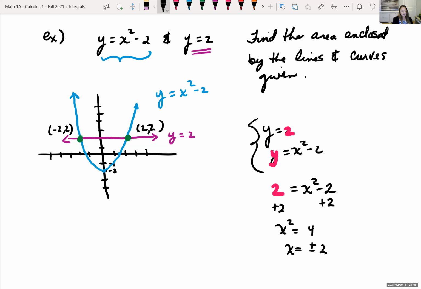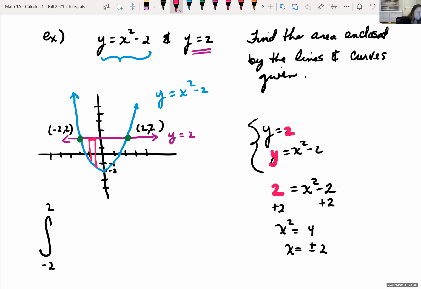I was just thinking, notice that this is an even function. So I'm going to look at this integral right now from negative 2 to 2. Notice that the parabola is symmetrical across the y-axis. If we look at the upper bound of our function, the upper bound is our value of 2. So think of it as if you were to make your rectangles in here, which one is the height?